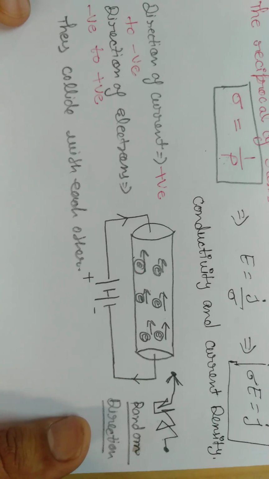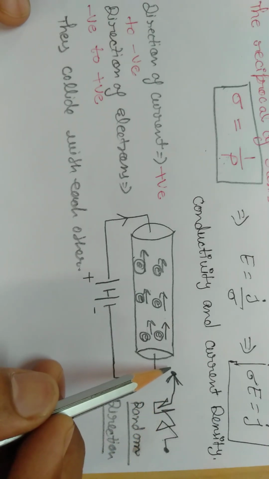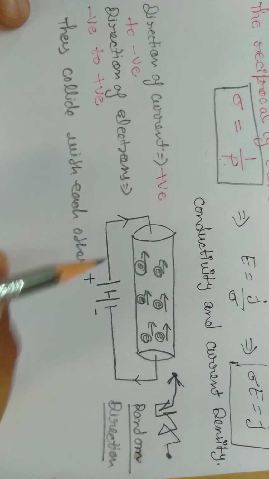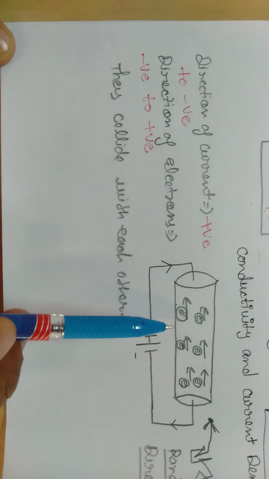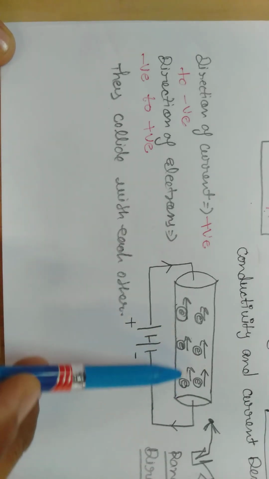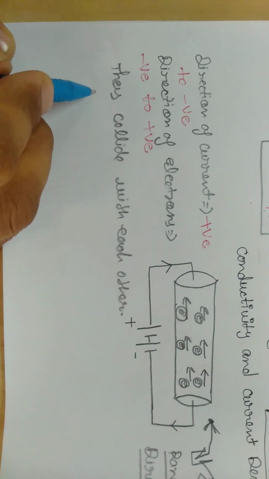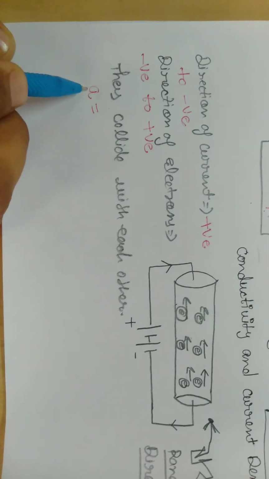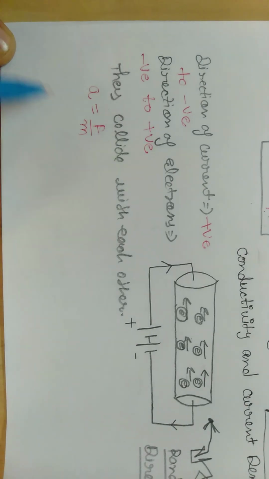Due to that, the speed of the electrons decreases when they move from one direction to another direction. Now when the electrons are moving through the conductor from one end to another end, they will definitely have acceleration, and we know that acceleration is equal to force upon mass.